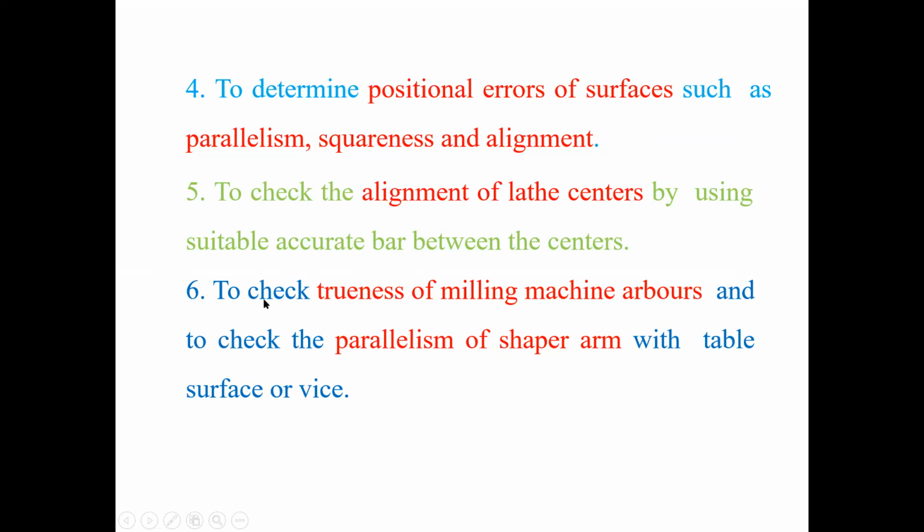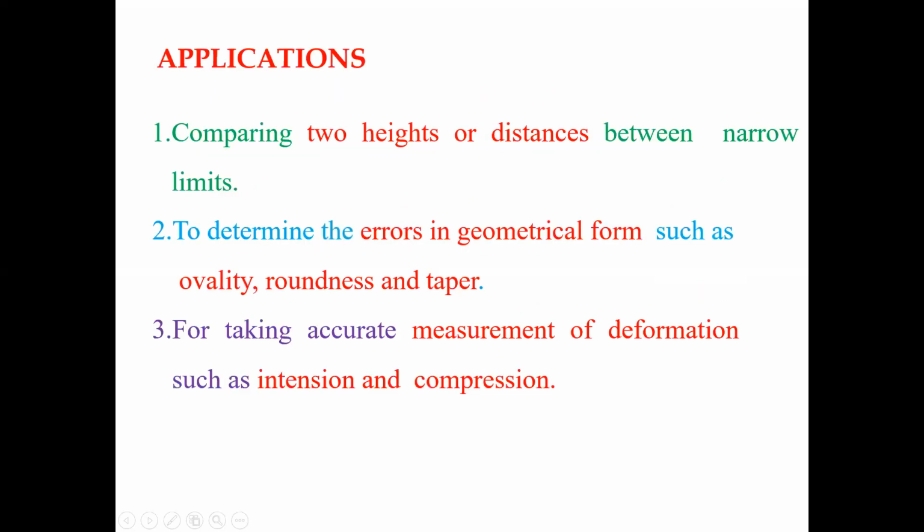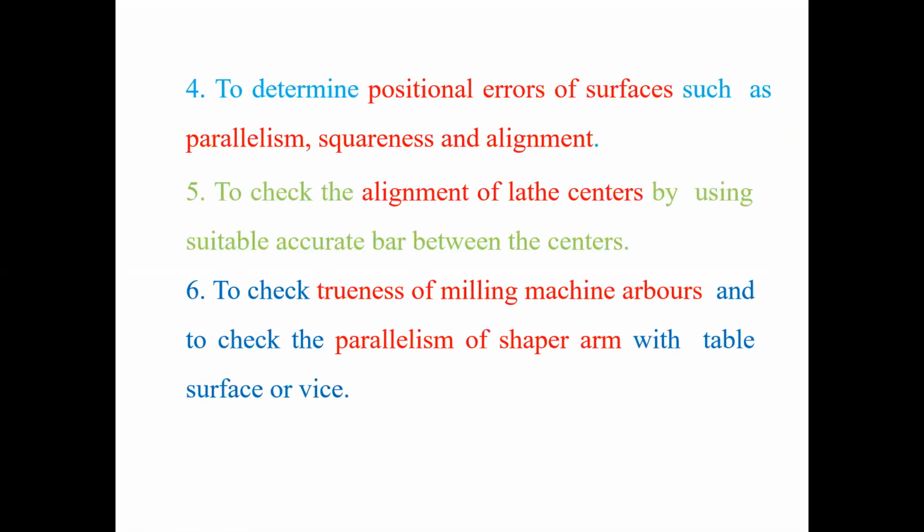These dial indicators are also used to check trueness of milling machine arbors, and to check the parallelism of the shaper arm with the table or vice. So a number of applications are there. They can be used to compare heights and distances, to find errors in geometrical form such as roundness and flatness, to measure deformation in tension and compression, and to determine positional errors of surfaces such as parallelism, squareness, and alignment.